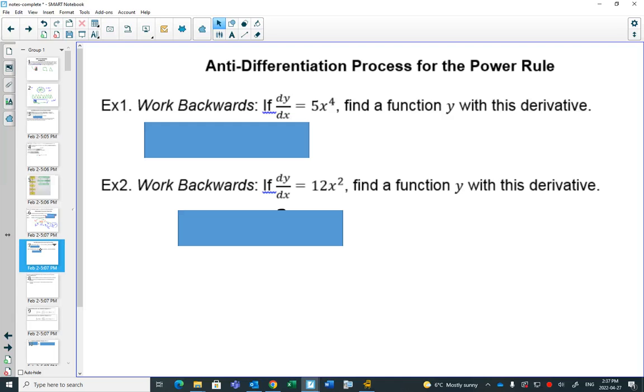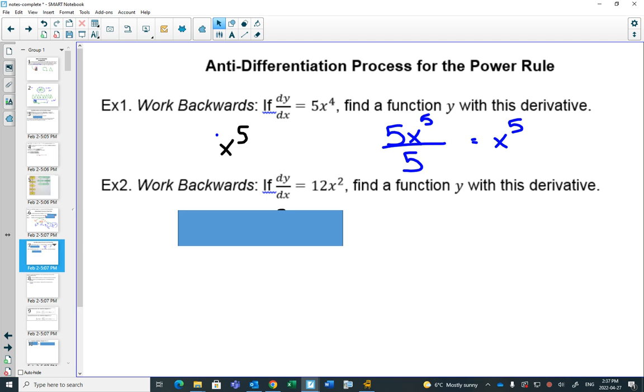And so those are the steps. Some of these we could do directly. If you were showing the steps for this one, you would add 1 to the exponent and divide by the exponent, which ends up simplifying just to be x to the 5. Originally, you would have just been able to see that and said, no problem, Mr. JR, it's just x to the 5. I can undo that one easy in my head.